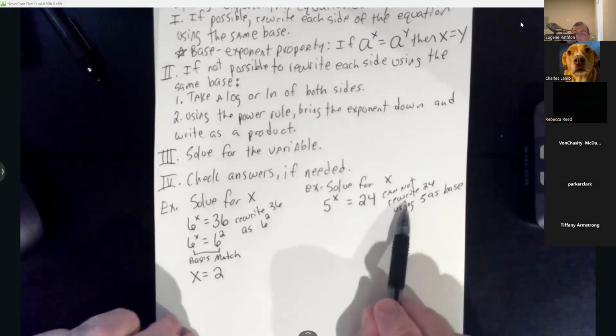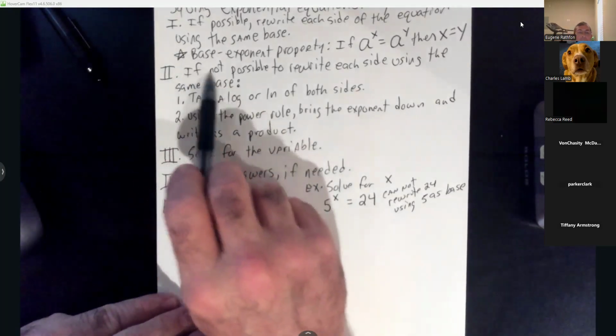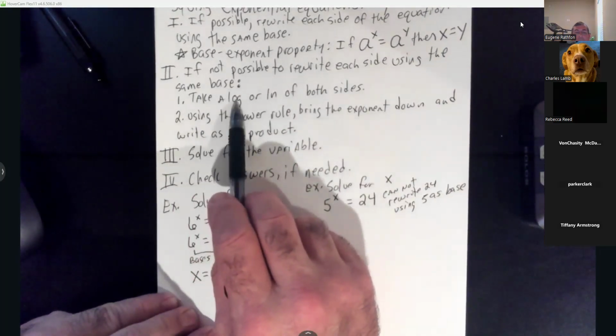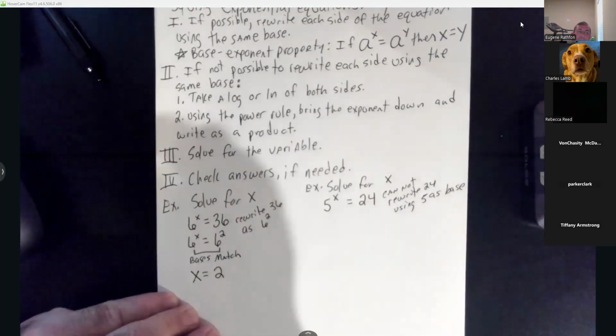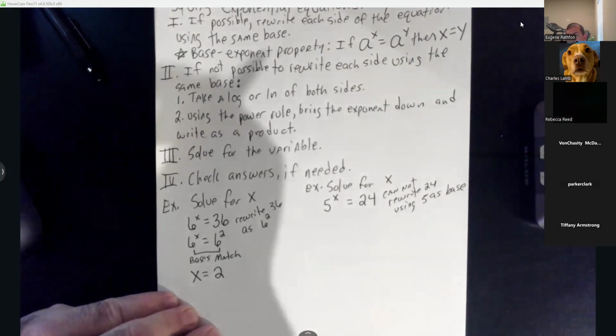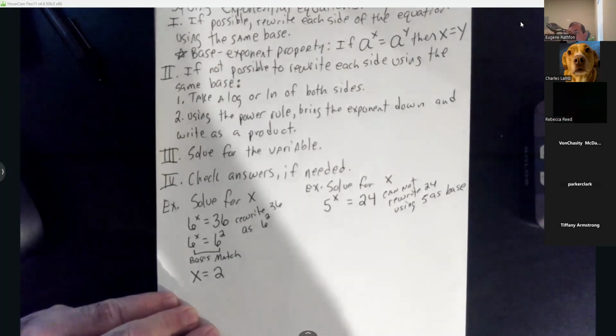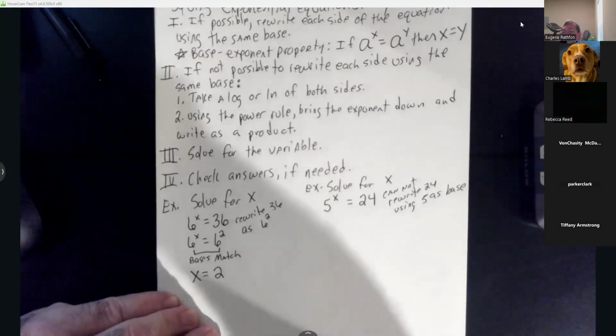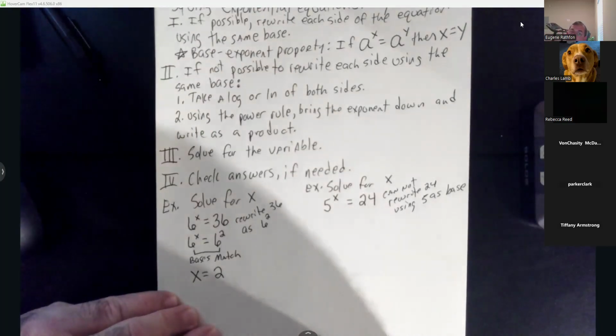So since I can't rewrite the 24, right here it says if it's not possible, we're going to take a log or ln of both sides. So here's what I do. I do a ln only if I got that e in the problem. That Euler's number we've been learning about. If I got that in there, I use the ln.